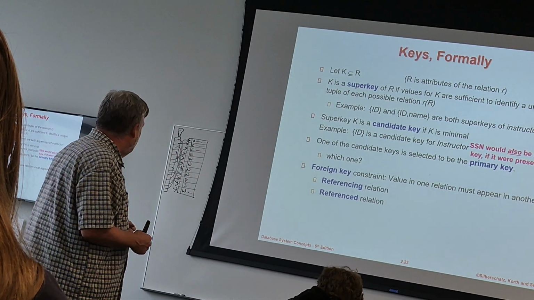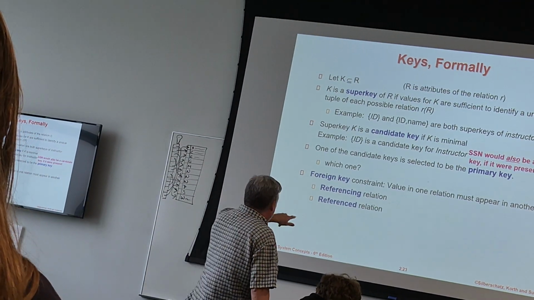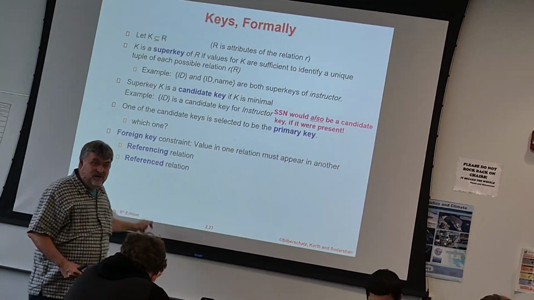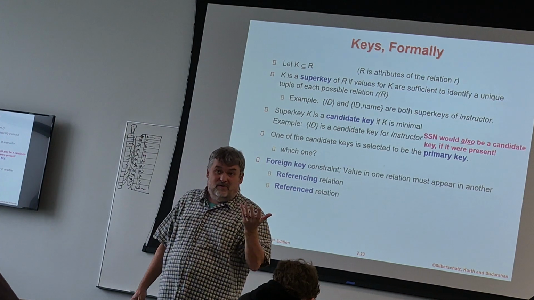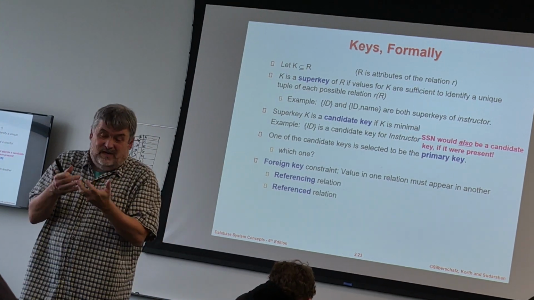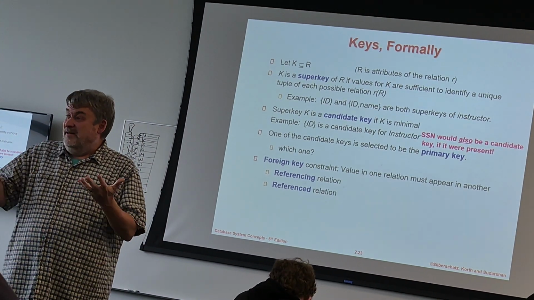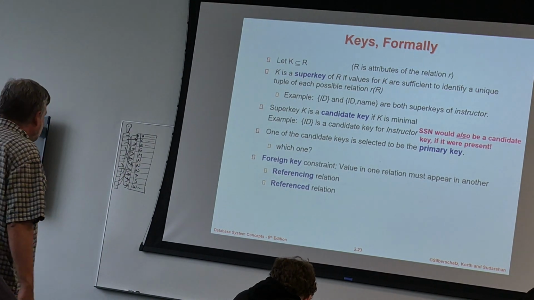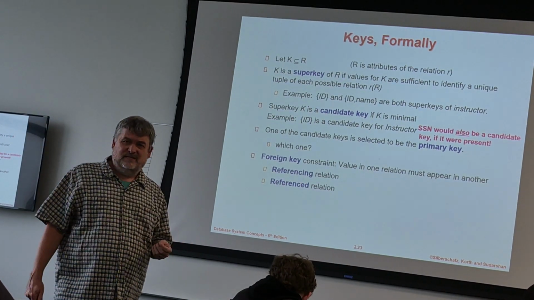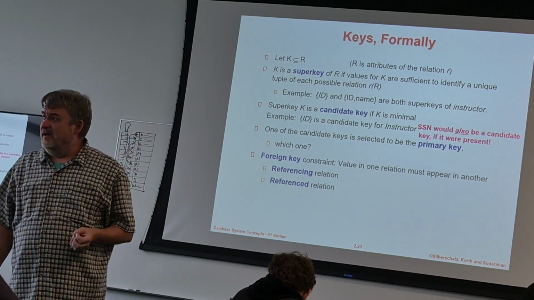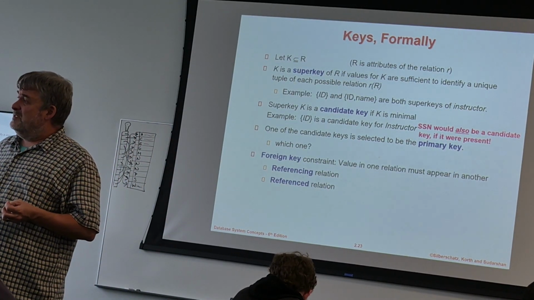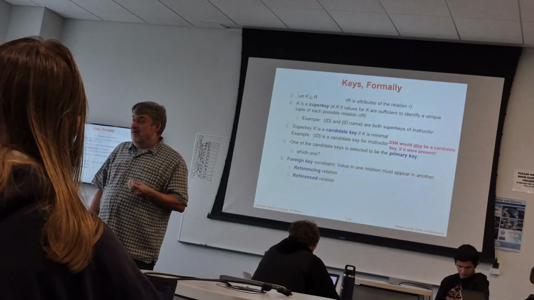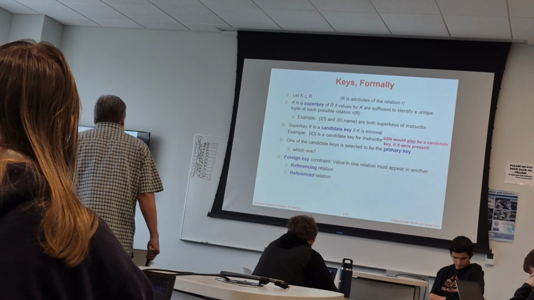Which is the referenced relation, that's where it's coming from, and which is the referencing table, that's the table that contains that value, even though that value represents an instance in a whole other table. Make sense? I don't know if we're ever going to see referencing or referenced again, but we're basically talking about one end of that arrow connector or the other.